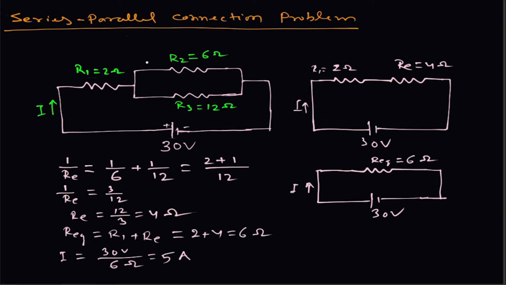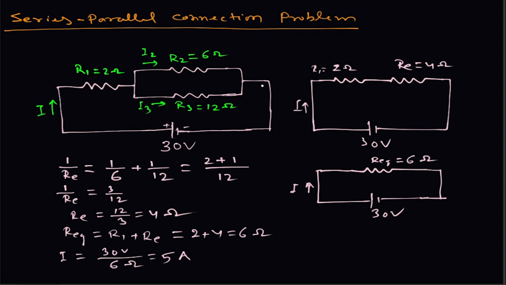Let the current through R2 be named I2, and this current be I3. So we have to calculate I2 and I3. Now what will be I2?